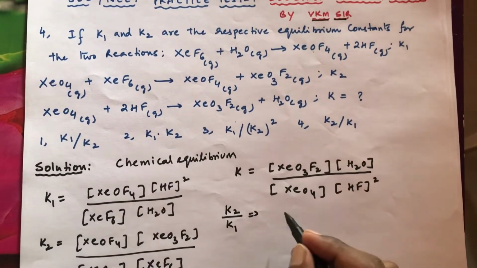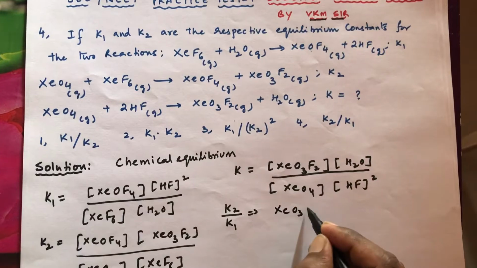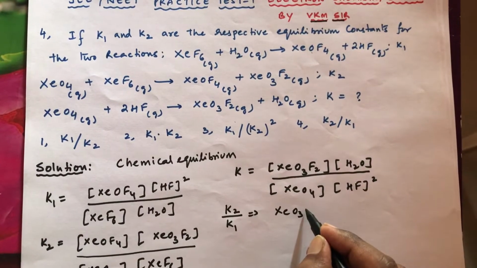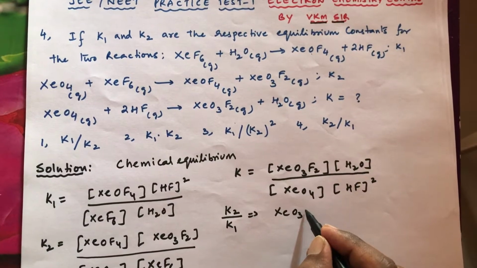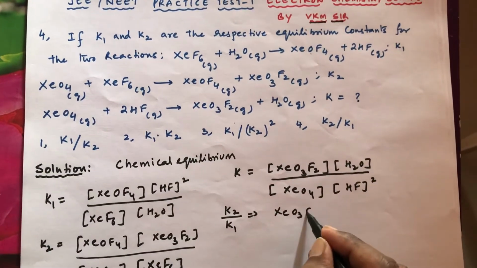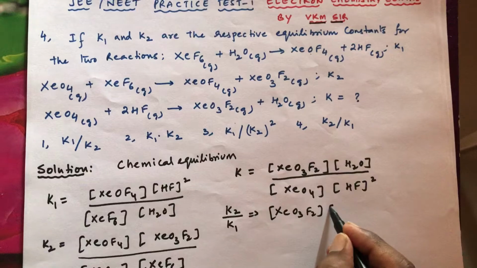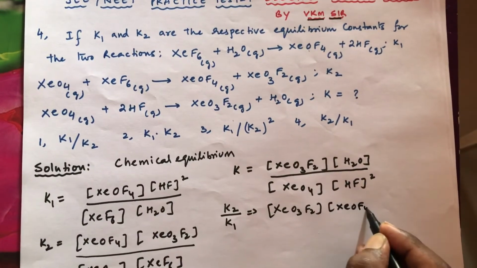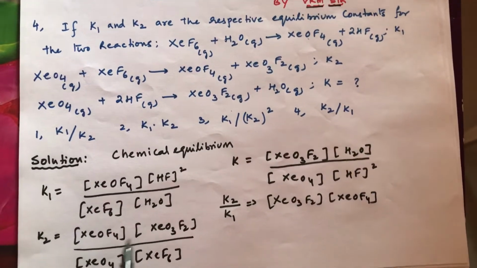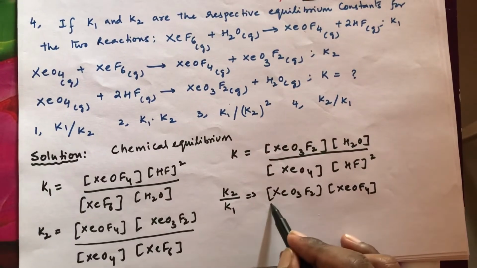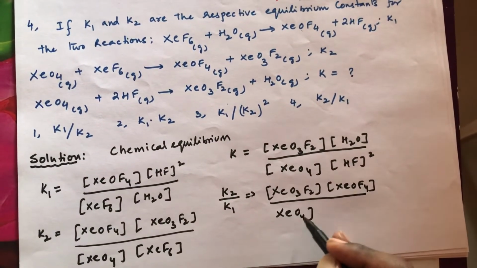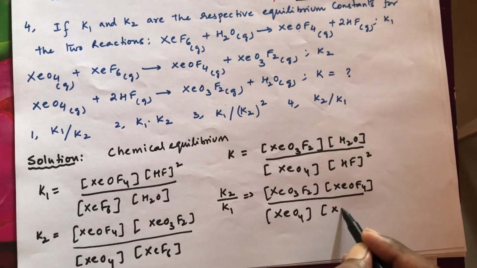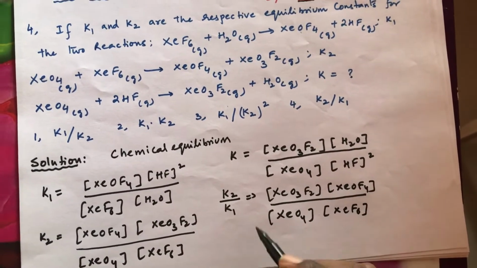If I do K2 by K1, what will I get? K2 by K1 is XeO3F2 concentration into XeOF4 concentration, these two, divided by XeO4 concentration into XeF6.